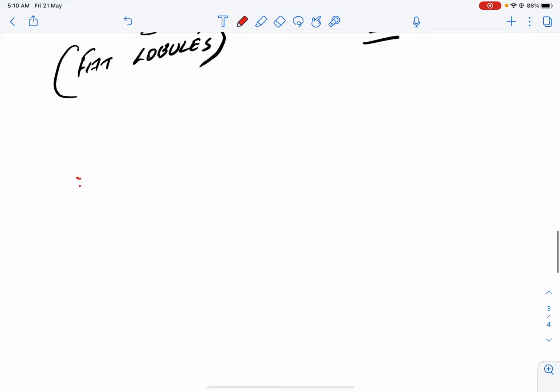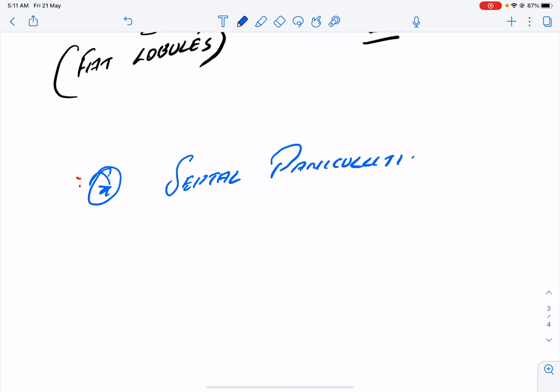So now let's see what are the high-yield questions asked in the exam. We talked about all the layers of skin. There is something called septal pathology: panniculitis, which is inflammation of the subcutaneous layer. But it is seen in which disease? Erythema nodosum.